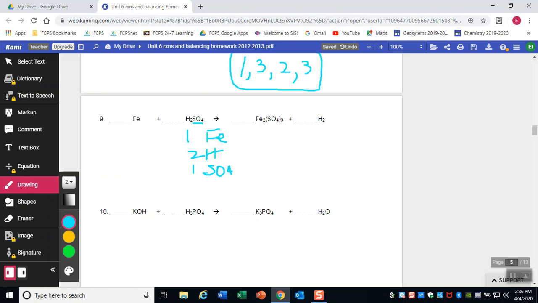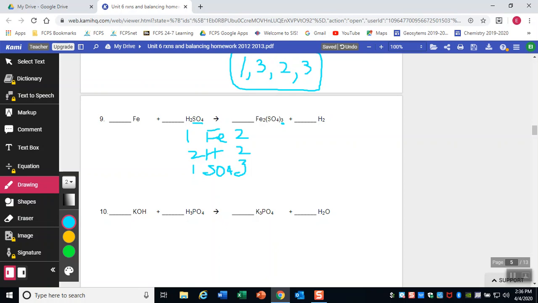And notice, remember the H is in front, so this is actually sulfuric acid. All right, so over here, here's my subscript. So I have 2 irons. I have this subscript 3 means I have 3 sulfates. And this subscript here means I have 2 hydrogens.